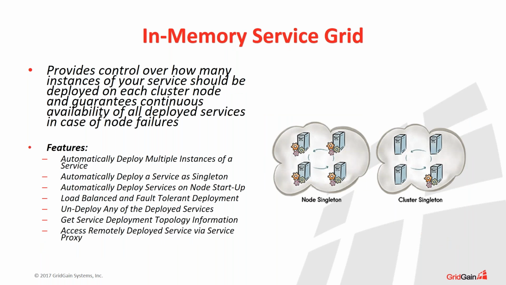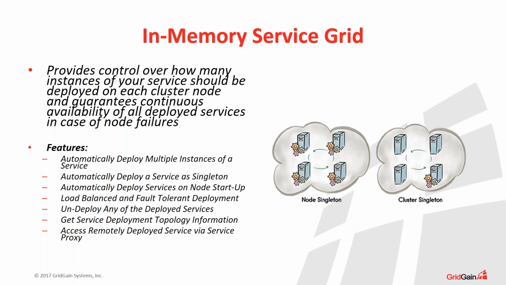The service grid ties it all together. Basically, this is an element that runs on each node so that all of the nodes throughout a cluster communicate, and they know what's going on in case there's a load balancing or a fault tolerance situation.